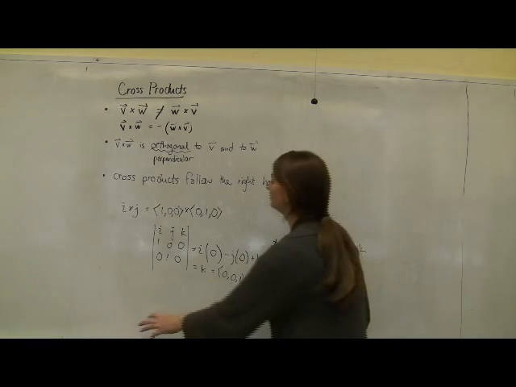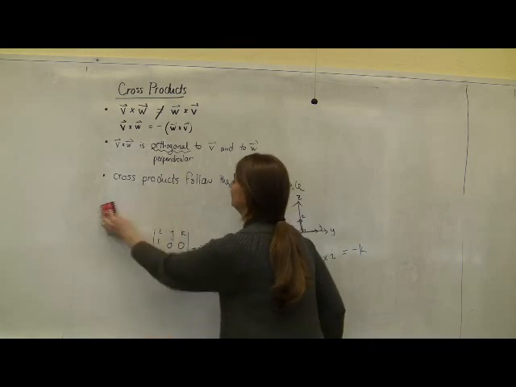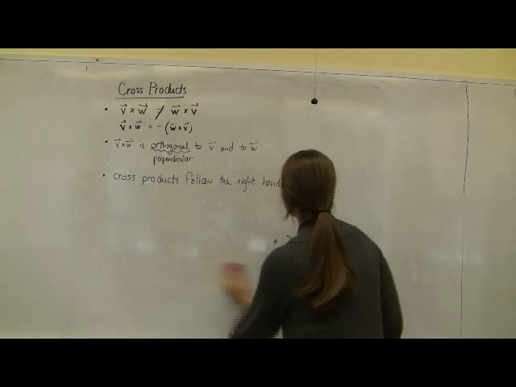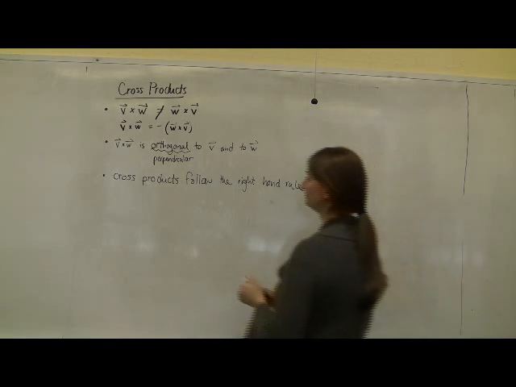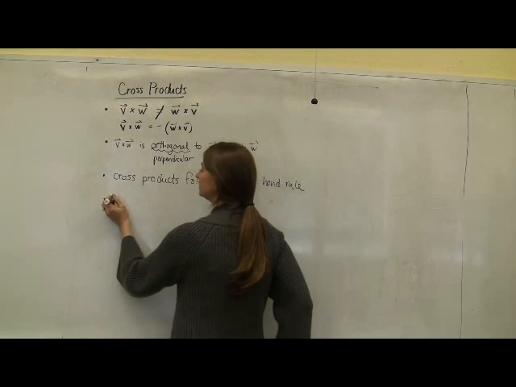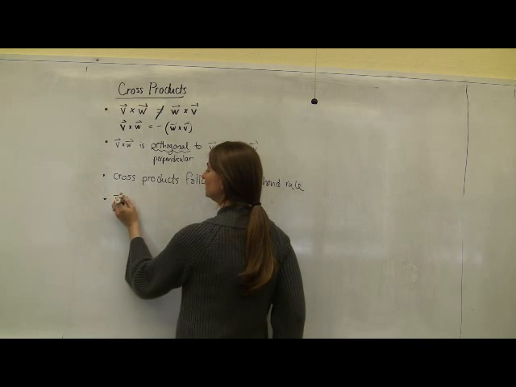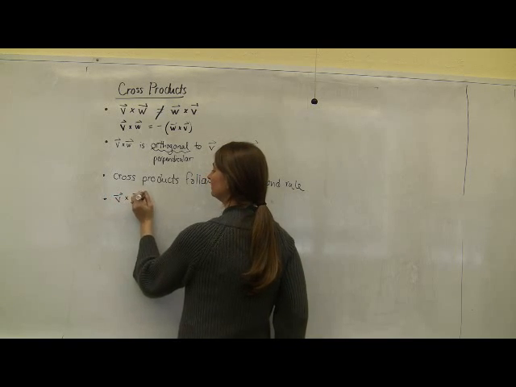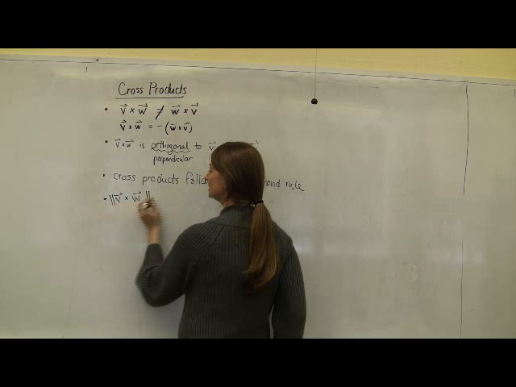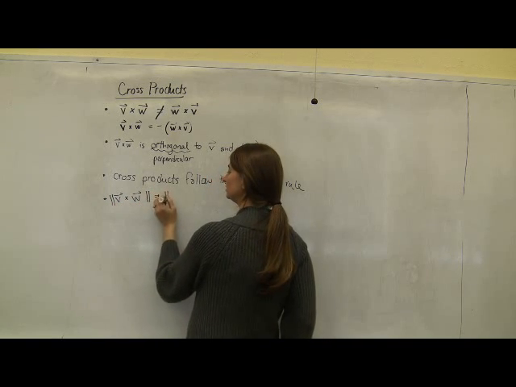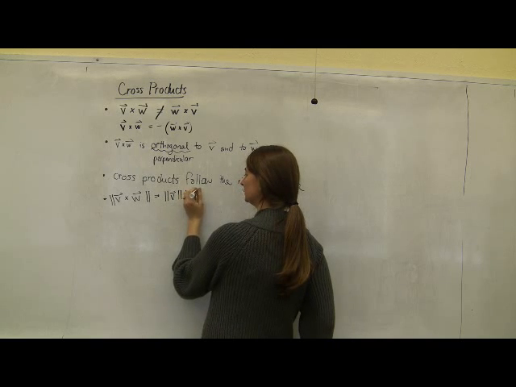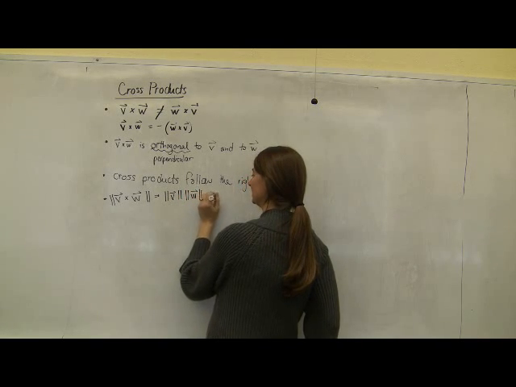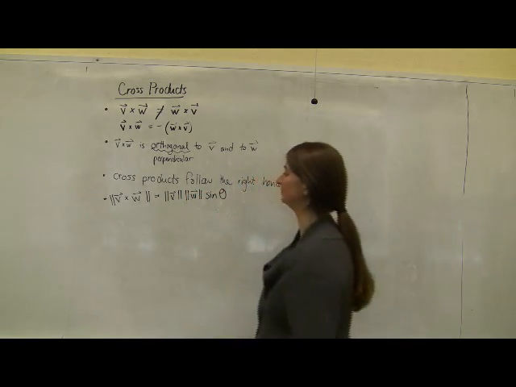There's one more property that's important to note about cross products, and this is the one that's easy to get confused with dot products. It turns out that V crossed with W, if I want to know the magnitude of this, it's going to be equal to the magnitude of V times the magnitude of W times the sine of the angle between them.